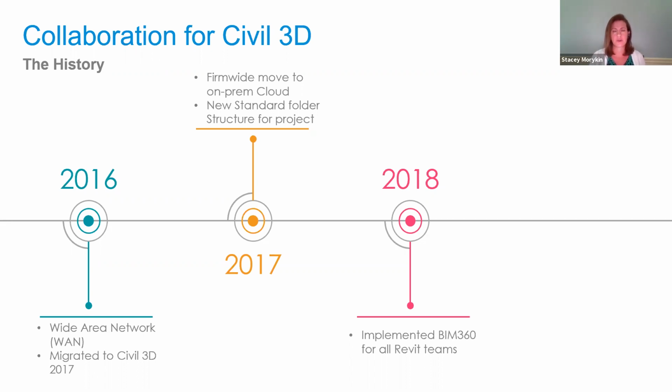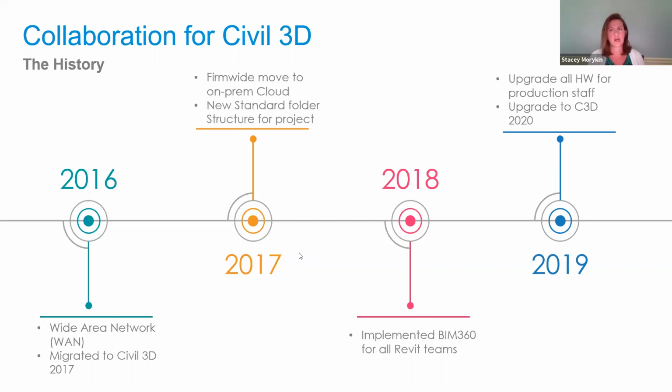And everything has been going really well on the Revit side of things. And in 2019, we decided to upgrade all of our hardware for our production staff. I think some of our hardware was maybe more than 5 years of age, and we were looking towards the future and having conversations with other industry leaders as well as Autodesk and seeing what was coming down the pipe.